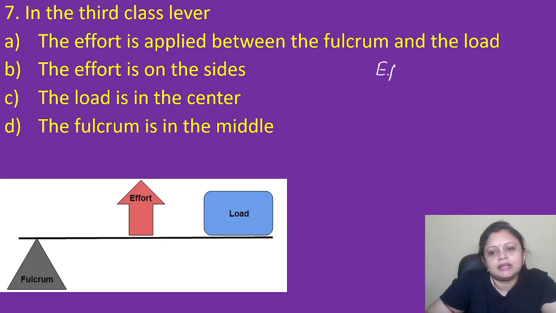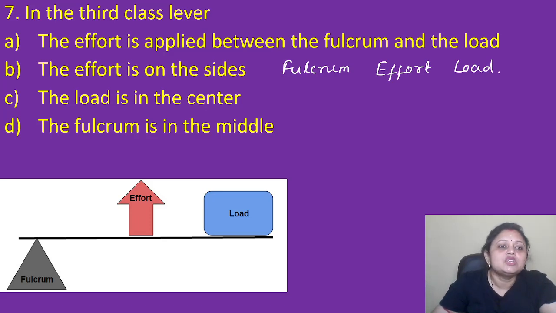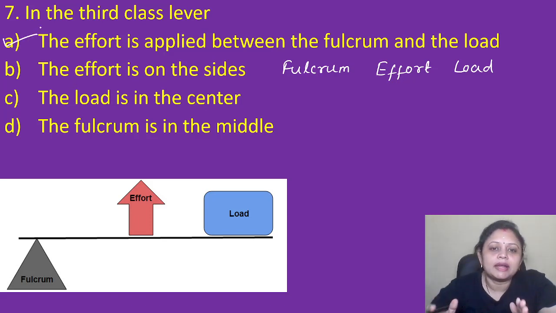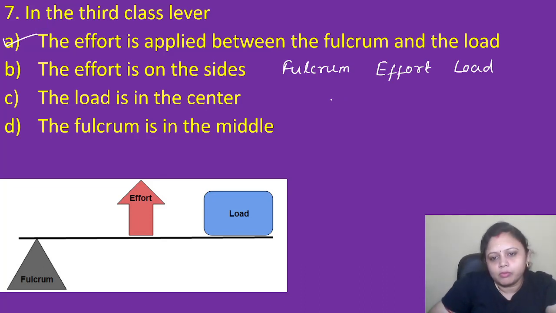So in the middle, effort is there, and on one side fulcrum and on the other side load is there. Okay, so here the correct answer, who is in the middle, that is the effort. So the correct answer is the effort is applied between the fulcrum and the load.